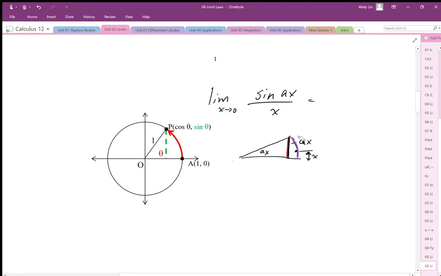So if a was equal to 3, sine 3x would be 3 to a length of 1 along the x. We could generalize this to a, and say that this is going to be equal to a, because this will just be ax, and this is going to be 1 over a ratio to that. So this is going to be a times longer than this length. So we end up with this ratio of just a.